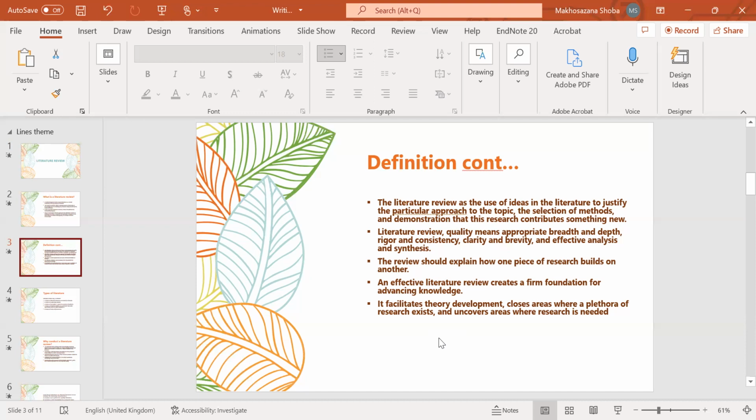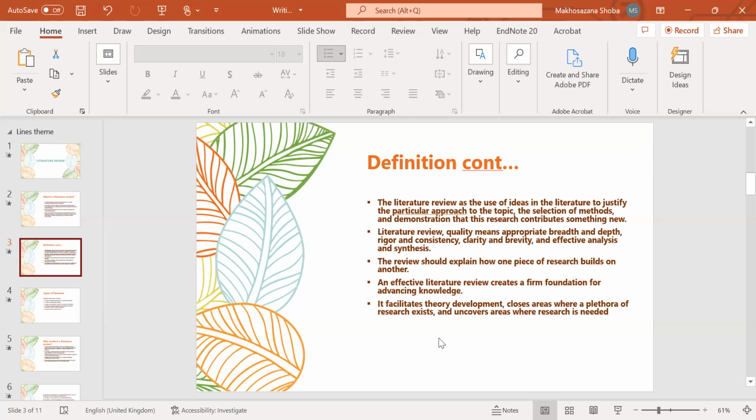In your engagement with, in your justification of your particular approach to the topic, analyzing, demonstrating understanding and brevity, and writing it clearly. The idea is for you to create a firm foundation for advancing knowledge.